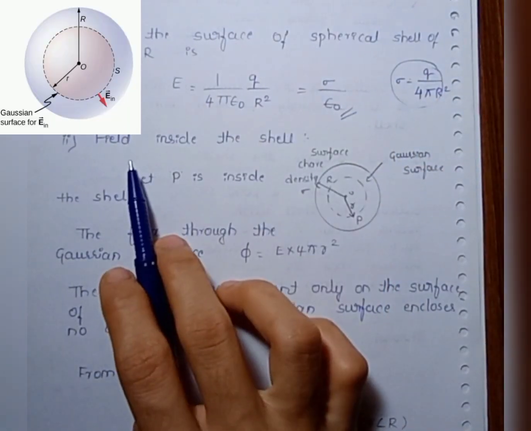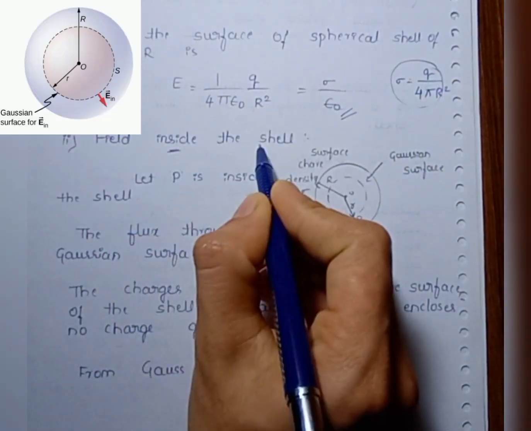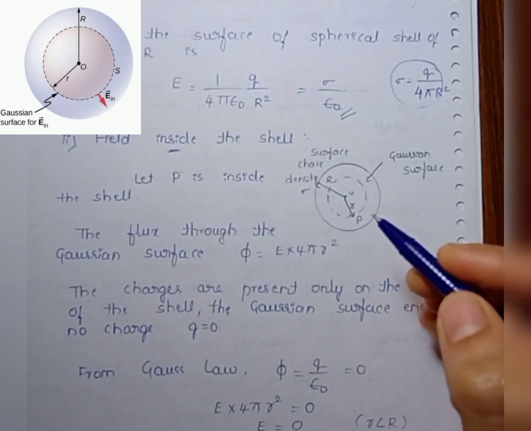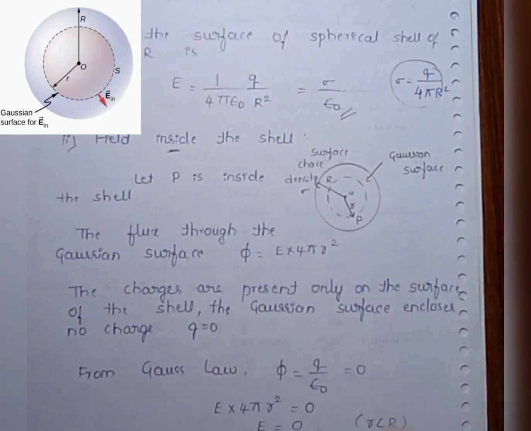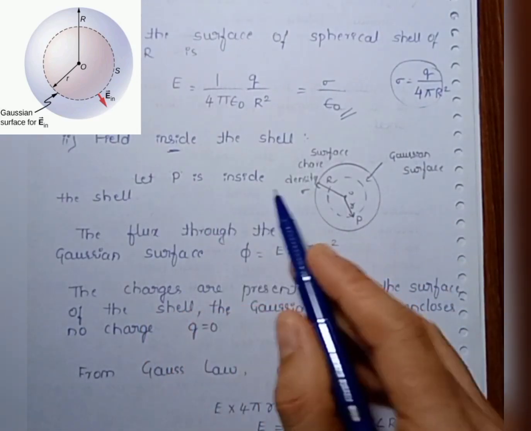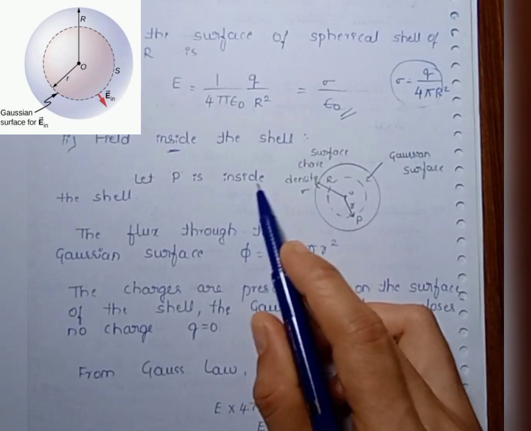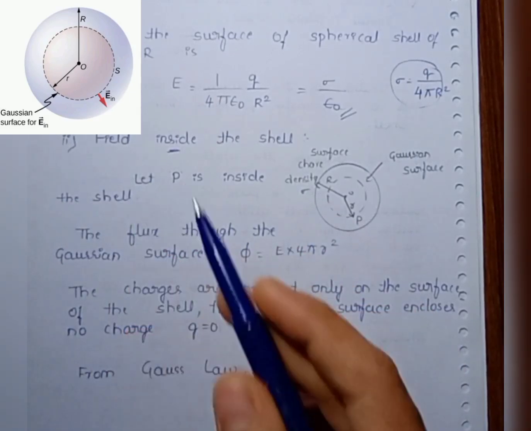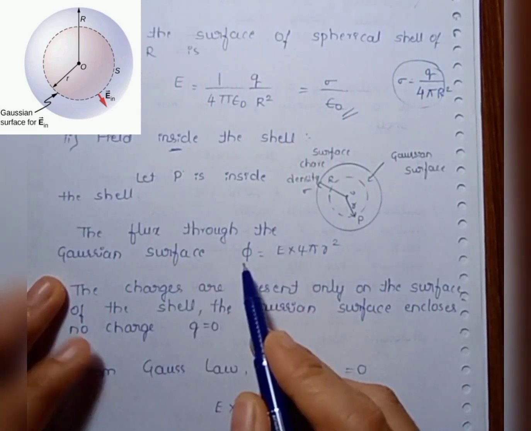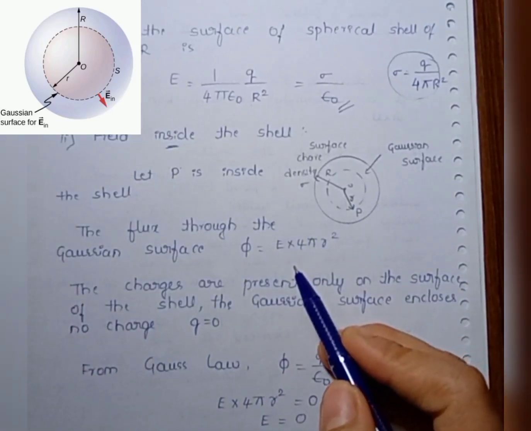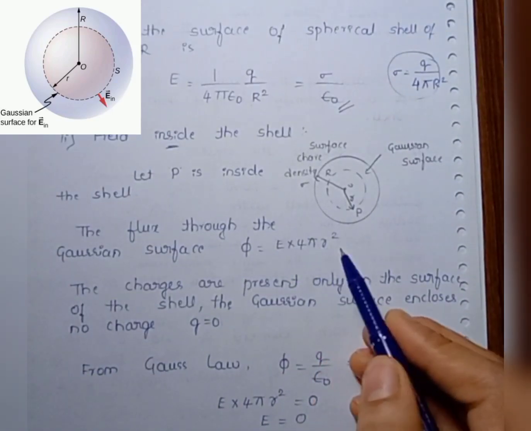Next case is the field inside the shell. What happens when the point P is inside the shell? Let P be inside the shell. The flux through the Gaussian surface can be written as phi is equal to E into 4 pi r square.